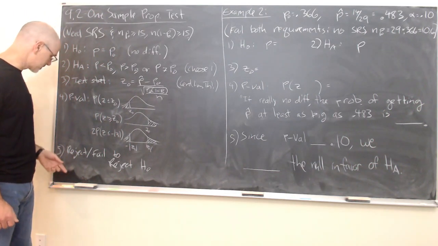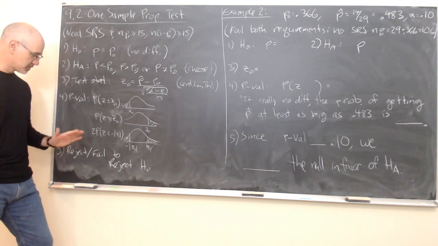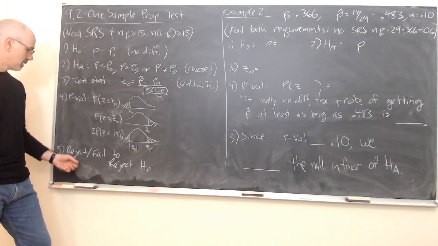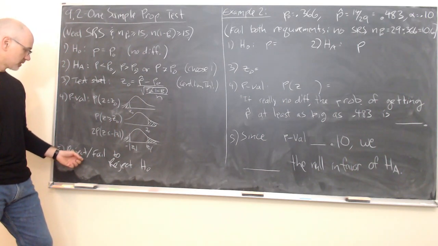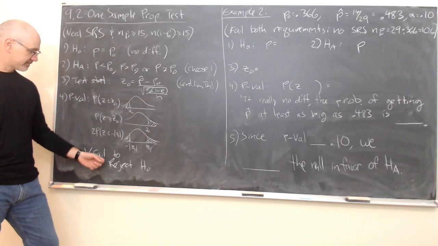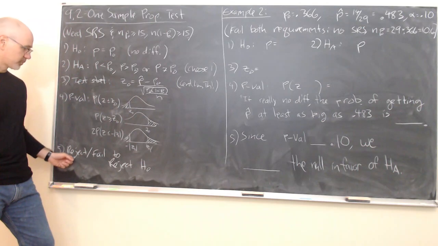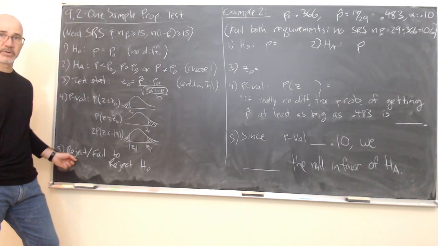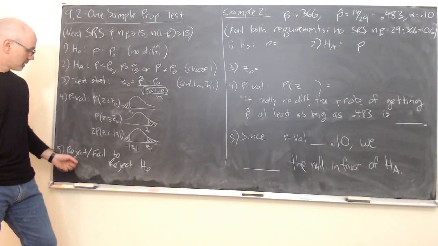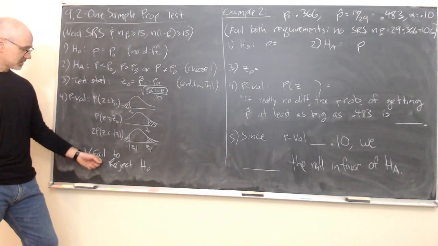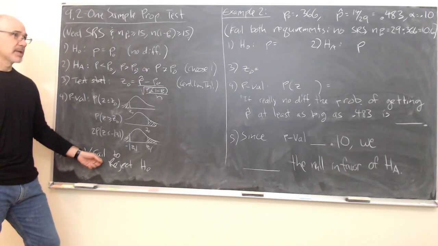So this brings us to the conclusion of the test, and we can do this conclusion in a couple of ways. But the final result is to either reject the null or fail to reject the null. Right? If the p-value is small enough, we're going to reject the null in favor of the alternative. But if the p-value isn't small enough, the language here matters. We don't accept that the null is true.